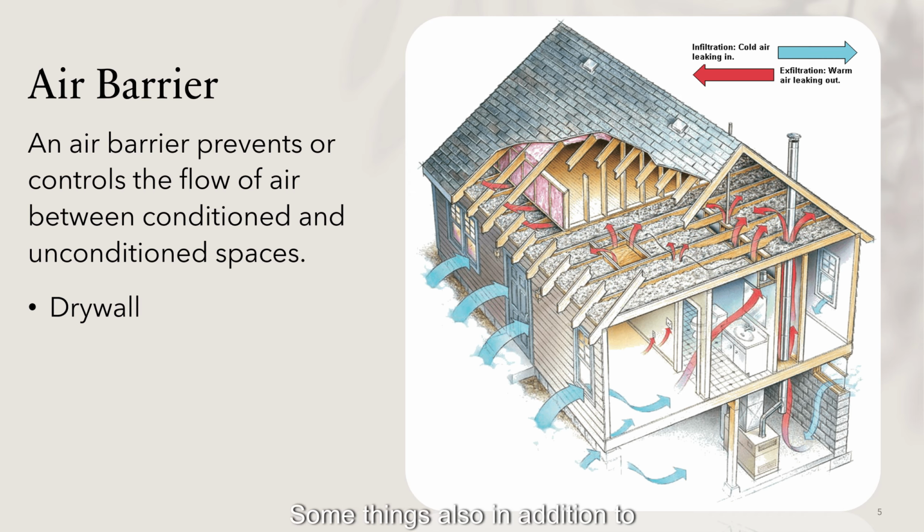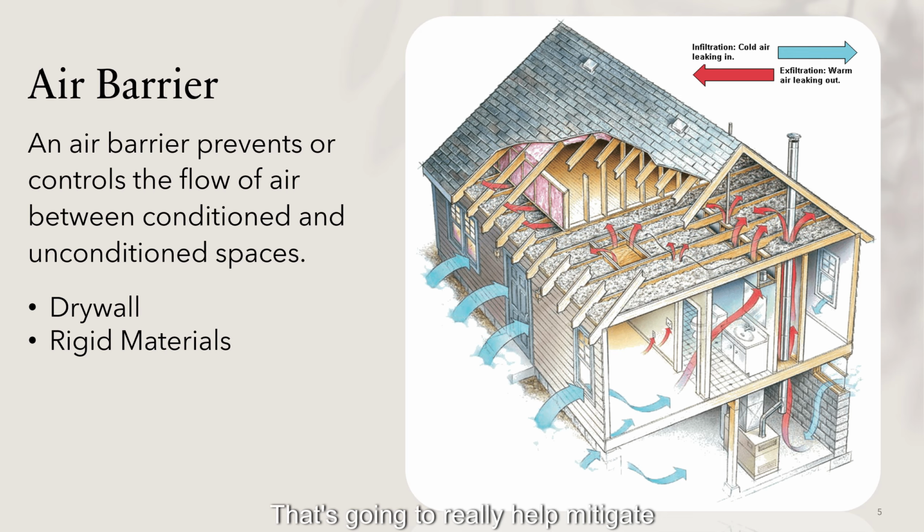Some things also, in addition to this, that are considered an air barrier are drywall, right? If we just had stud spaces, then air can escape and move throughout the spaces without limit. So we put drywall in, that's going to really help mitigate the airflow from room to room. Rigid materials, so if we're putting any type of heavy duty boards on the exterior, that's going to definitely help.